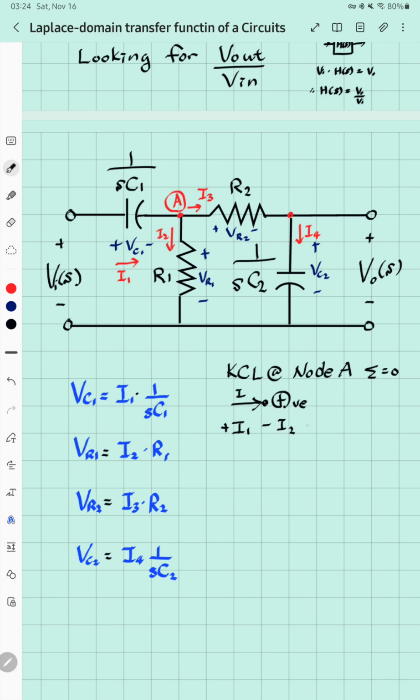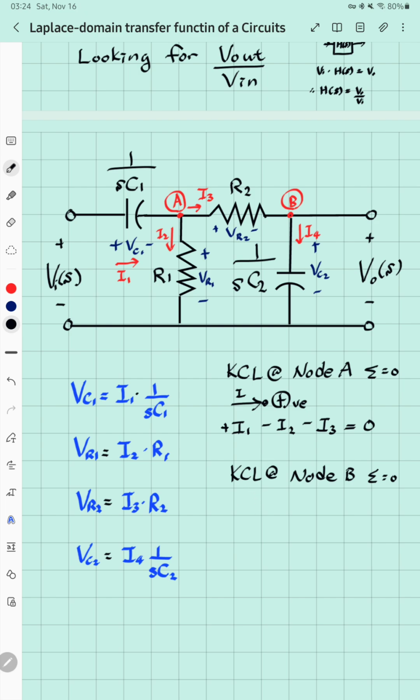I2 is out of the node. I3 is out of the node, equal to 0. Another thing, let's do KCL at node B. Even though it's obvious, we'll do it step by step.